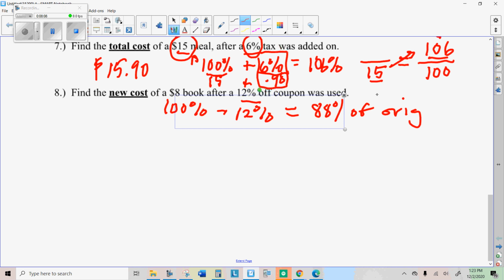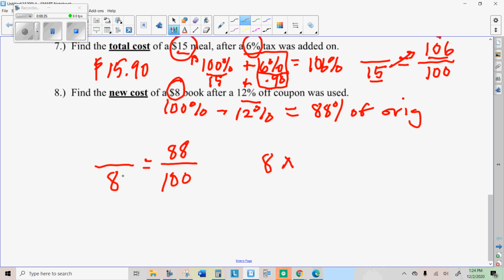Now, if you want to set up a proportion for that, then there's your percent, 88. Remember that your 100 or 100% is the original cost of the book, which is 8. And now you can do that ratio. Now, here's how I would do it personally.